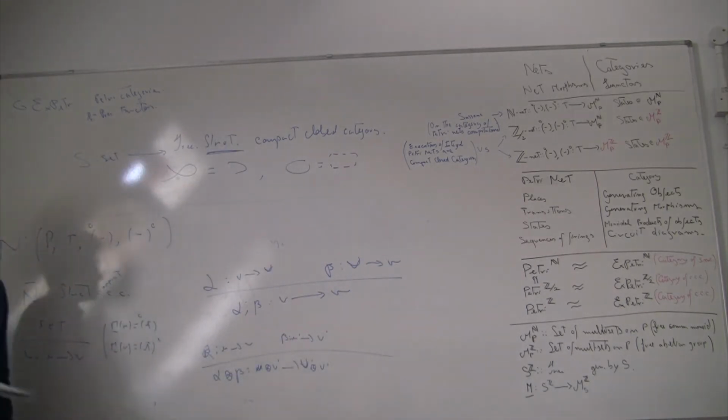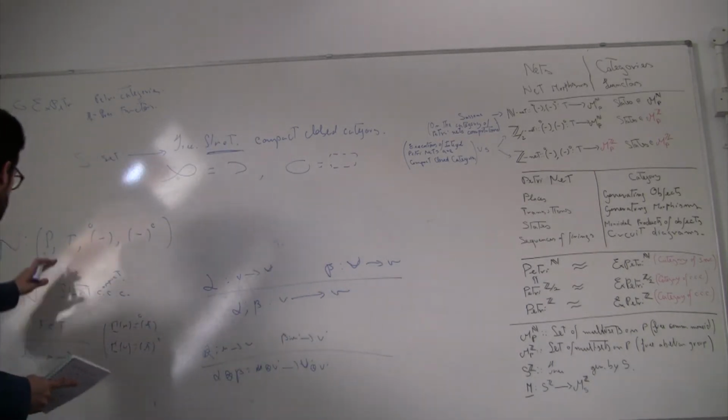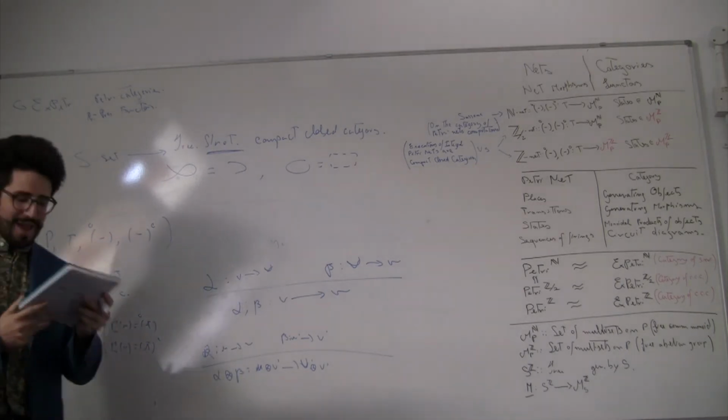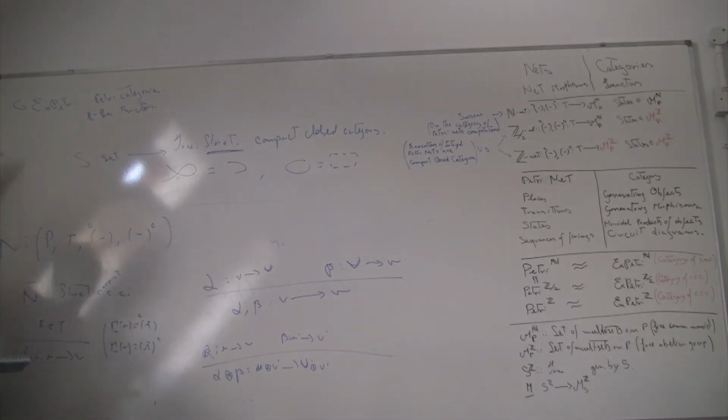Basically I'm generating a compact closed category where I include a morphism for every possible combination of this kind, and then I impose the axiom that I basically wrote before.